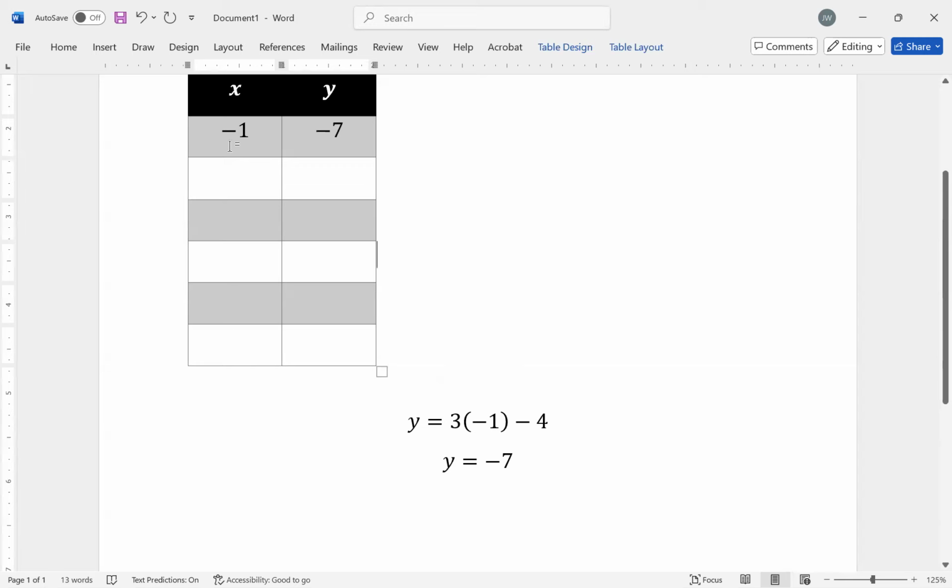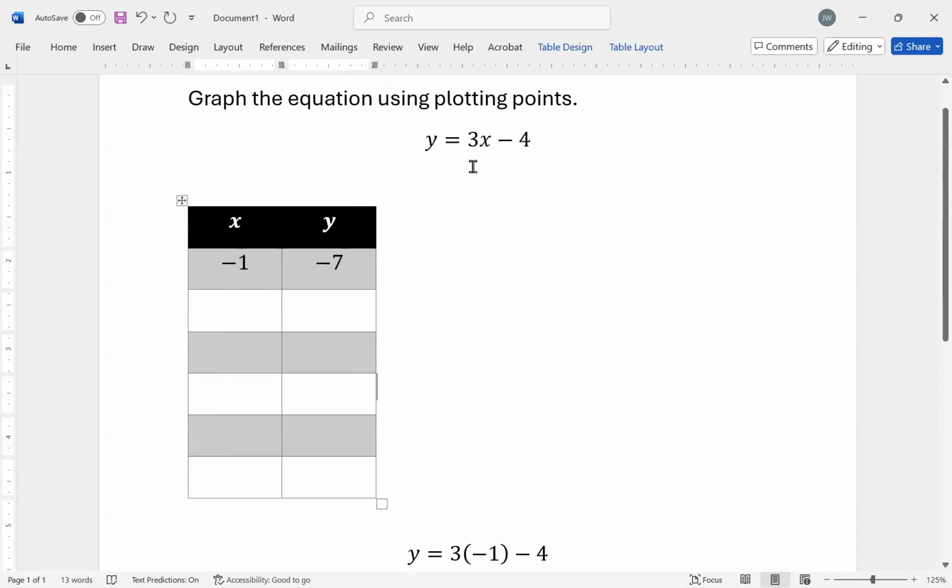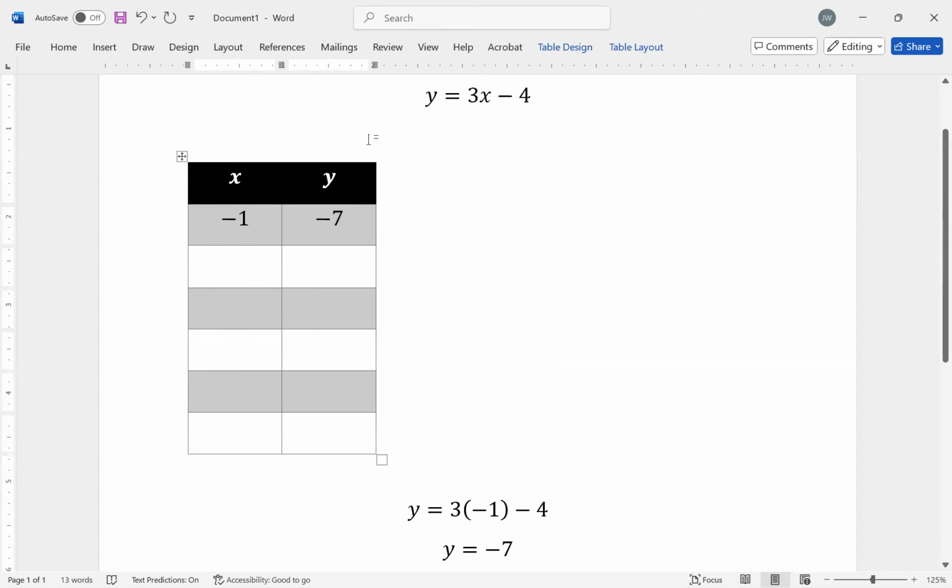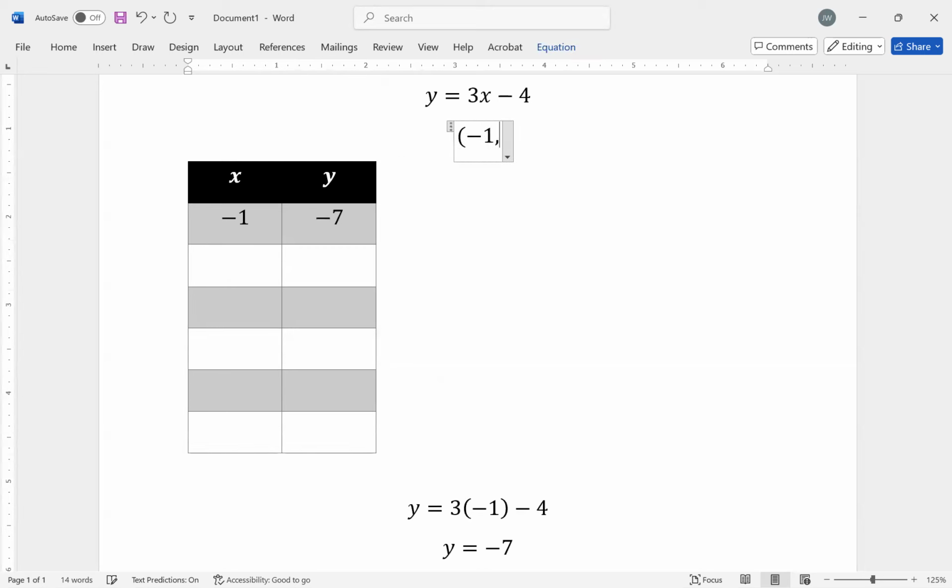Now, that is a point that's going to be on the graph. That's a solution to this equation. In fact, it was the solution we saw earlier. And so now I know that the point -1, -7 is on my graph. Then I'll plug in different X values.